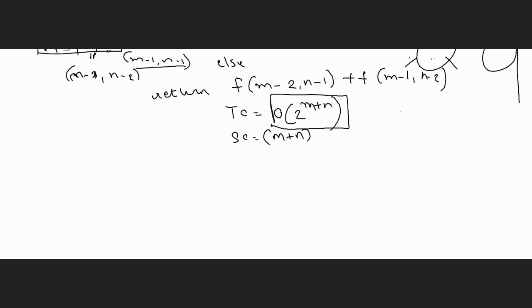For dynamic programming, we need to create a 2D integer grid. The size of that grid would be m cross n, m times n. Okay, so that is the size of this grid.